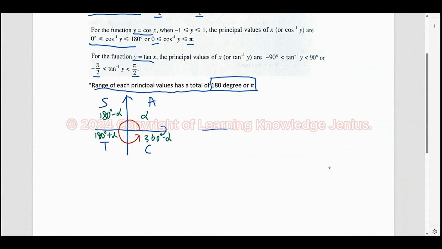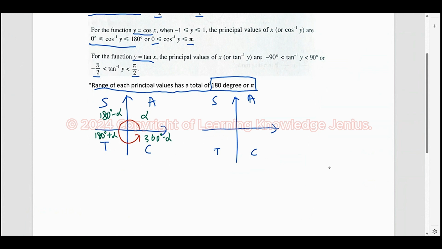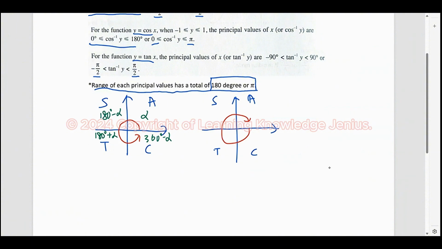The other type is still ASTC, but this time we go clockwise, and this clockwise angle gives us a negative angle. If you recall, this is how we solve the trigonometry equation.